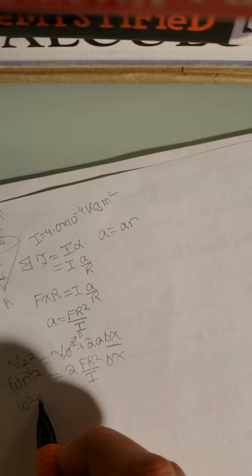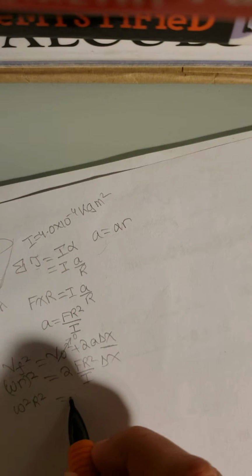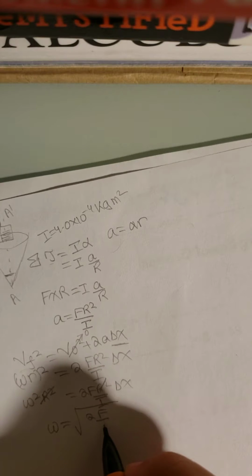Expanding this whole term out, we get omega squared r squared equals 2 F r squared over I times delta x. The r squareds on both sides cancel. So what we get is that omega is equal to the square root of 2 F over I delta x.